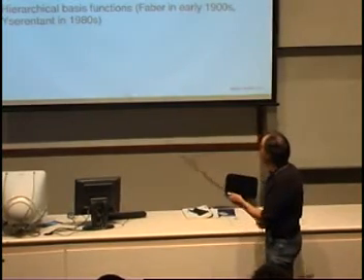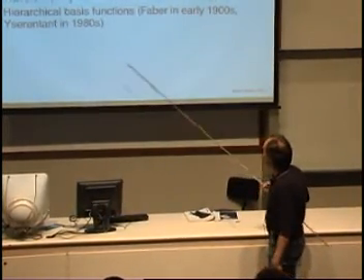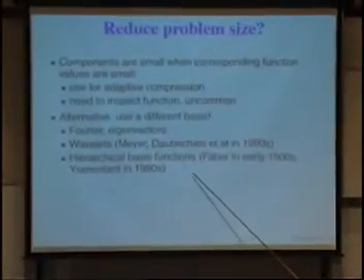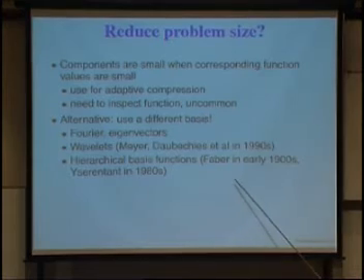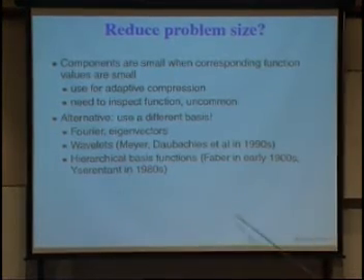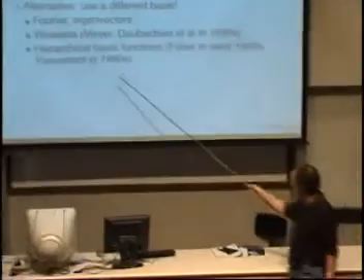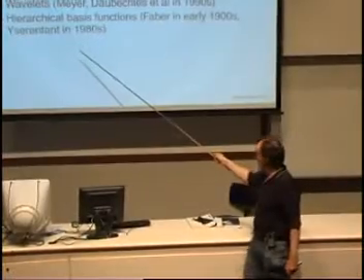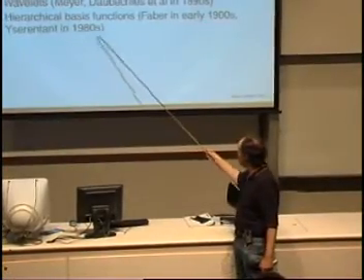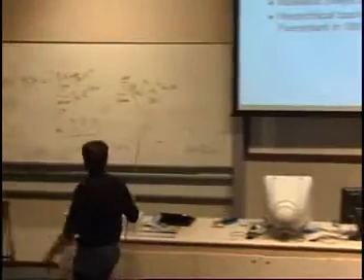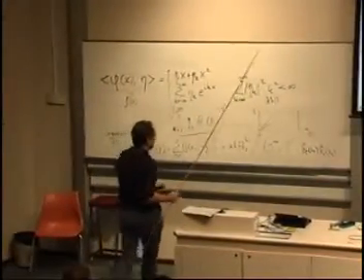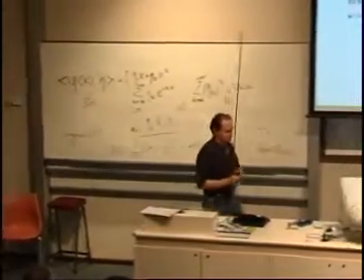And I'll try to give you a feel for that. You can also base it on wavelets or on hierarchical basis functions, which date back again to early mathematics in the 1900s by Faber, picked up by the German mathematician Harry Yserentant in his thesis in the 1980s. The hierarchical basis functions are exactly the basis functions which I have here on the board.